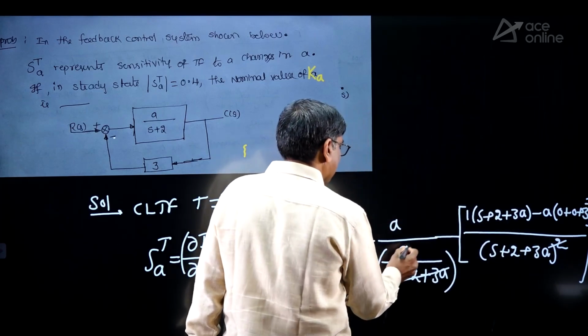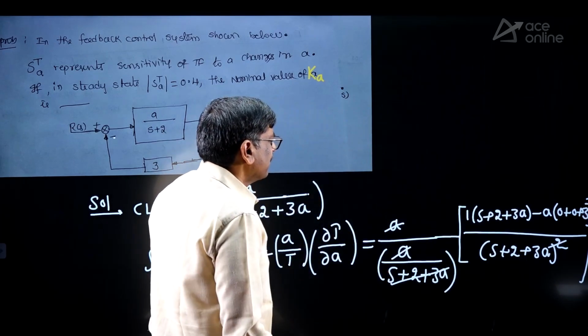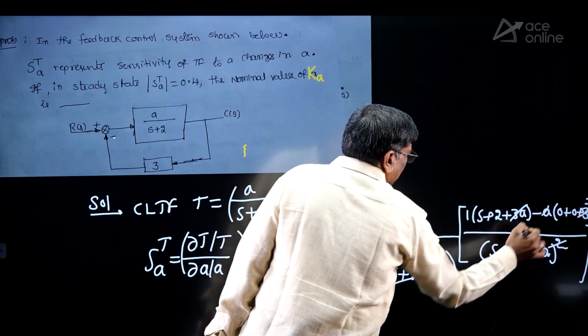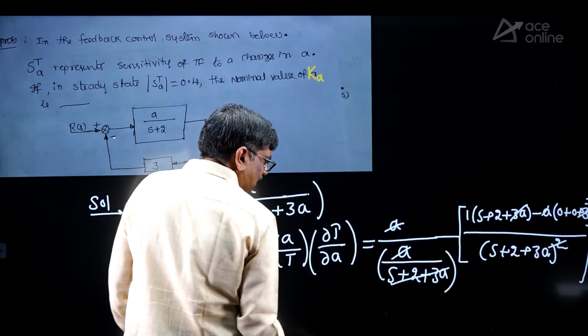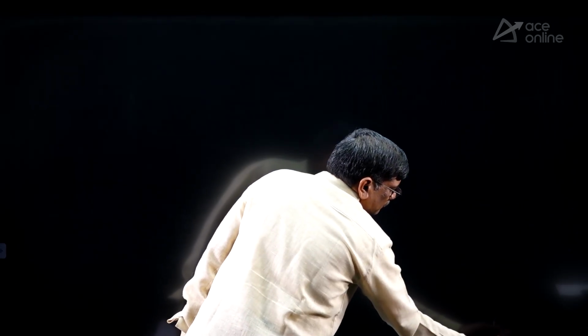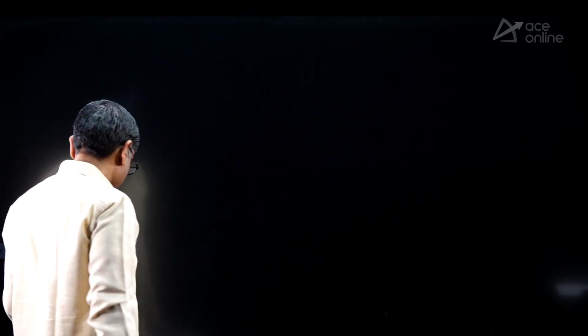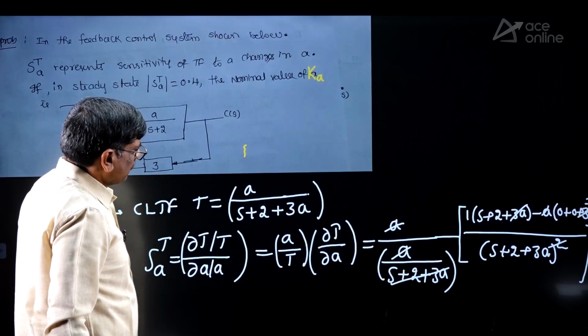The square cancels, A cancelled, then here 3A also cancelled. If you observe, these 3A cancelled. Then what you will get?